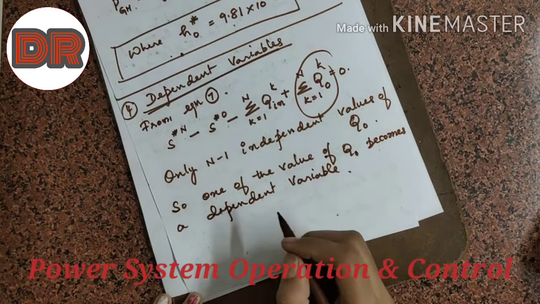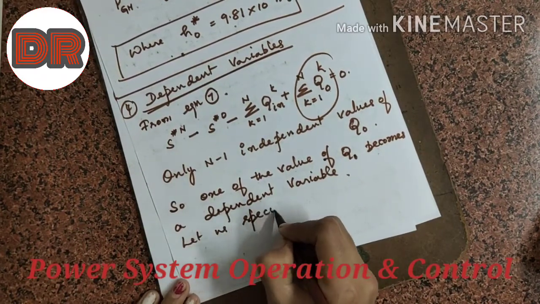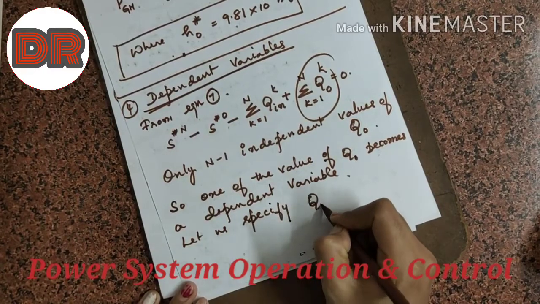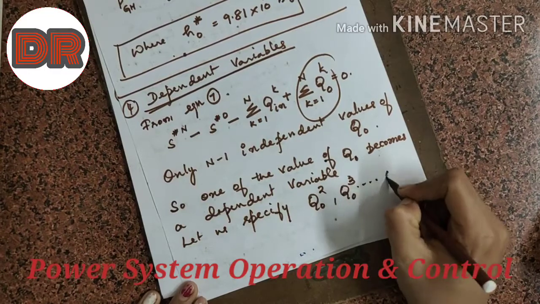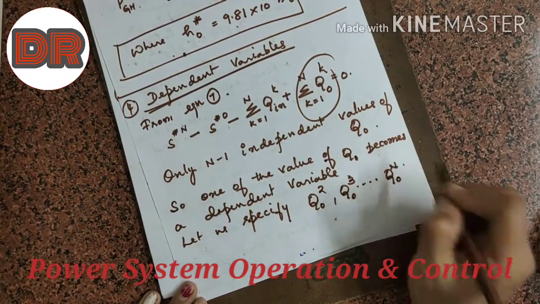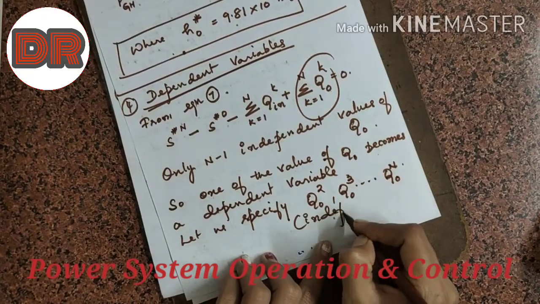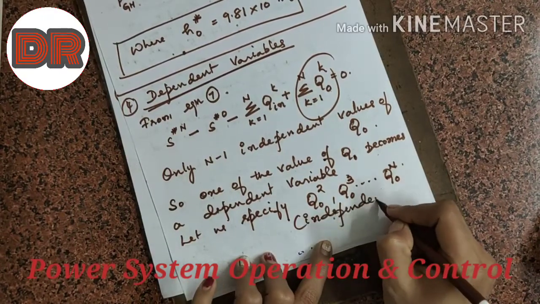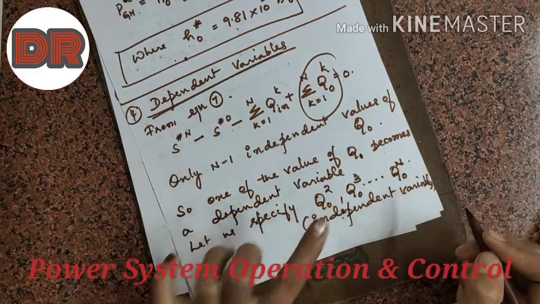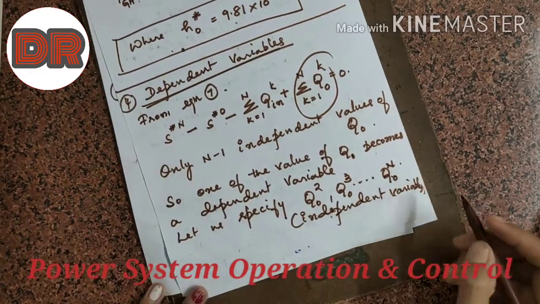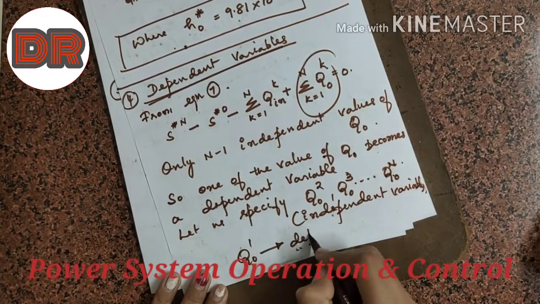So let us specify Q naught 2, Q naught 3, and so on till Q naught n as independent variables. This is just an assumption. If I take these as independent variables, so Q naught 1 becomes the dependent variable.